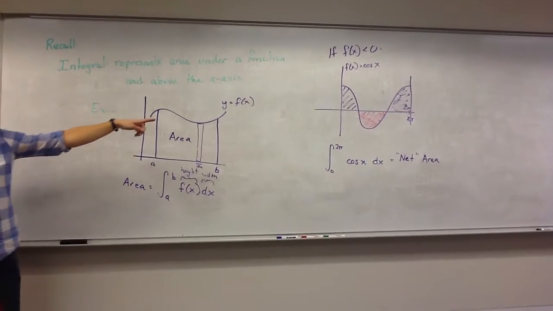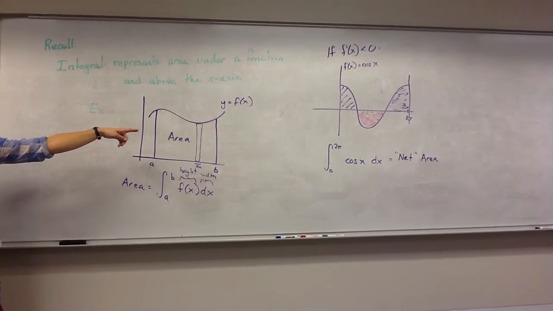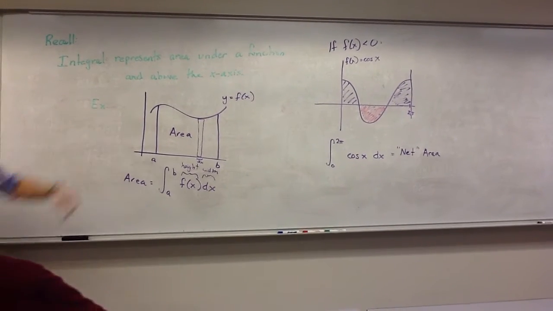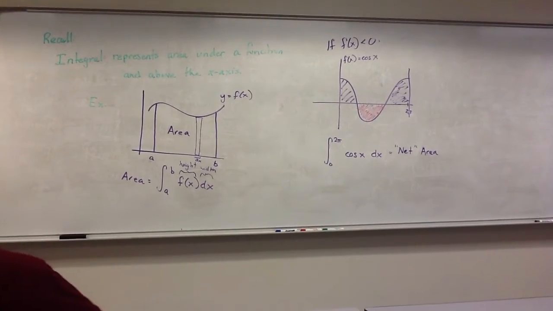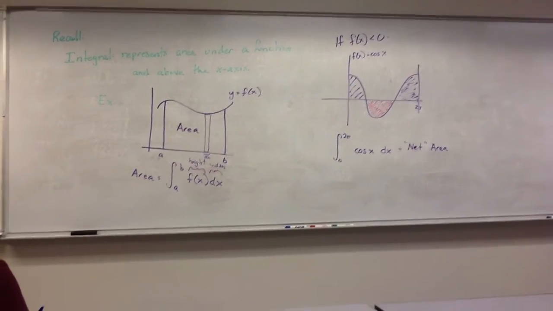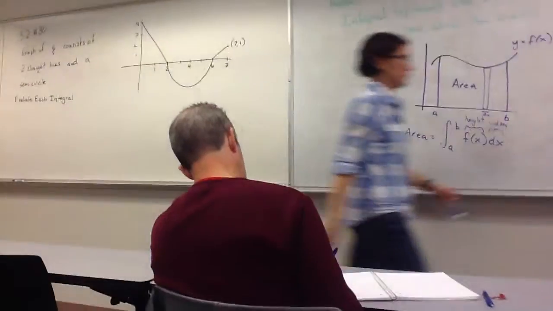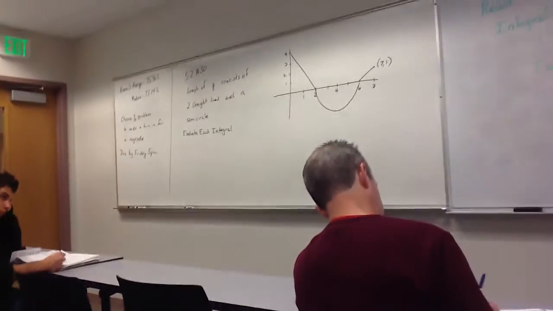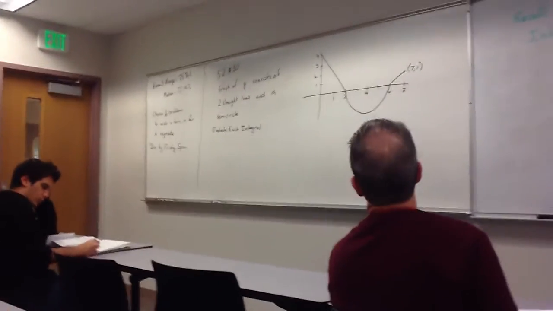Are there any questions on either of these two ideas here? Okay, so let's go back to number 30. The graph of our function g consists of two straight lines and a semicircle. Evaluate each integral. I didn't write down the integrals and I closed my book, so let's find them.